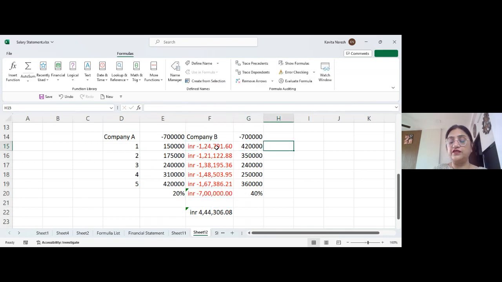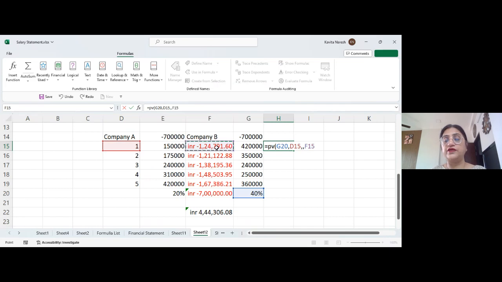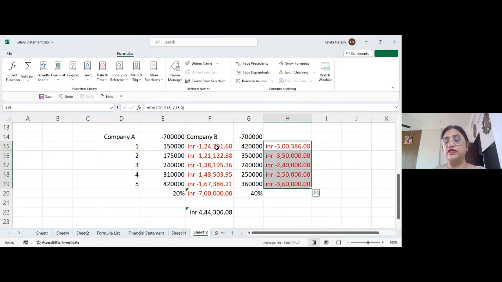You can cross check it by discounting. PV, you are discounting it by 40%, comma, nper, comma, FV, comma 0. See.